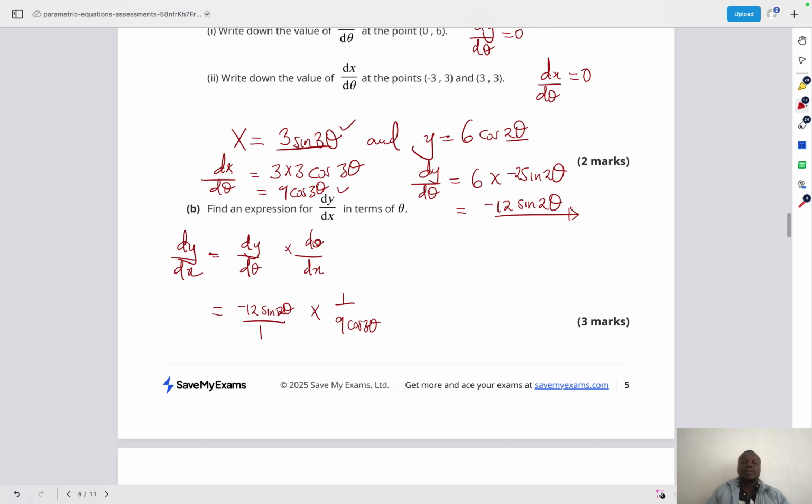So if we do our math here, this gives us dy/dx being negative 12 sin 2θ over 9 cos 3θ.